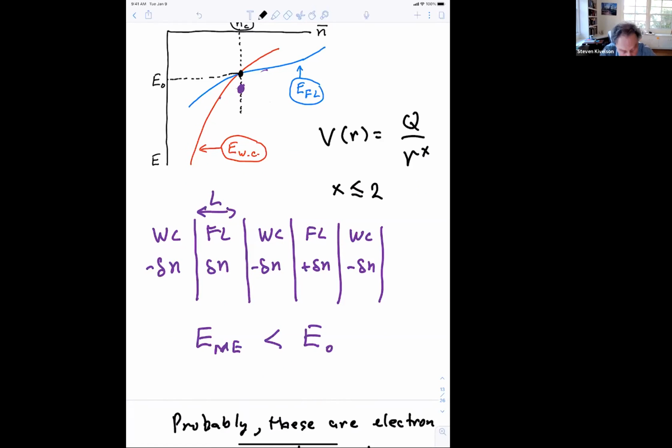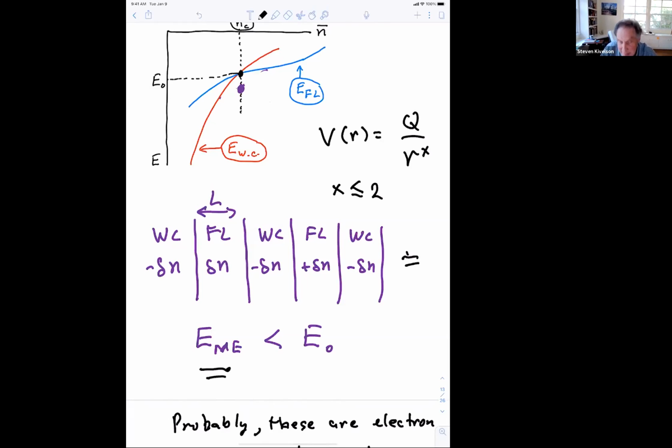I transfer electron density from the Wigner crystal phase to the Fermi liquid phase, sort of like phase separation, but now on a mesoscopic scale, and show that I can pick a length scale L large enough compared to the correlation length that these considerations apply, in which I can construct a state that has lower energy than E0. And therefore, the assumption of this crossing is internally inconsistent. There must exist intermediate phases.